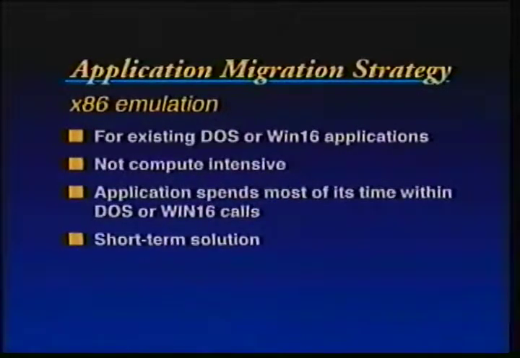Certainly, the x86 emulation through the virtual DOS machine is fine for existing DOS and Windows 16-bit applications. One of the things that happens with this emulation process is that all of the graphical user interface calls actually get converted into native Windows 32-bit calls.